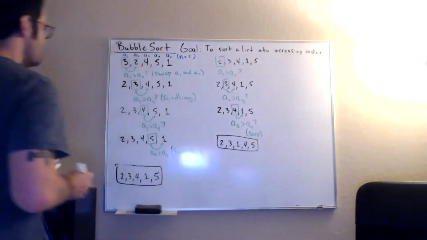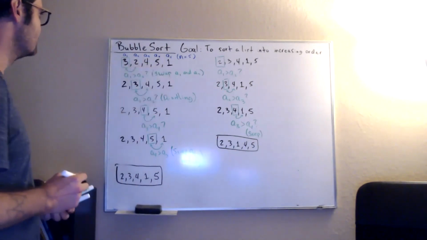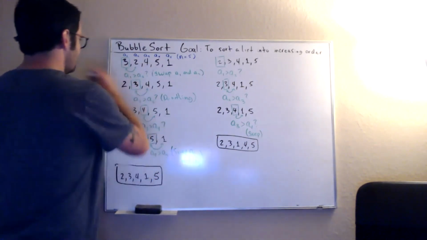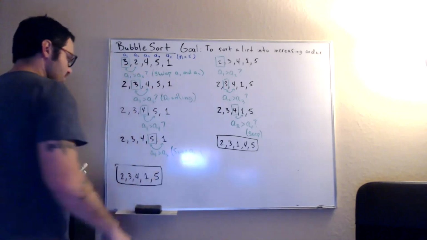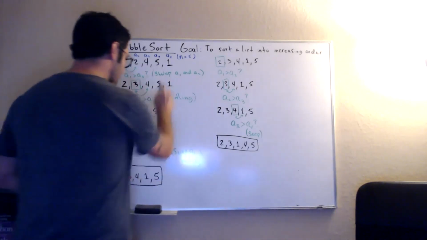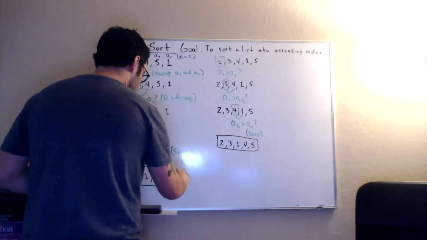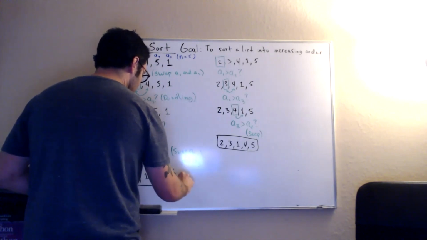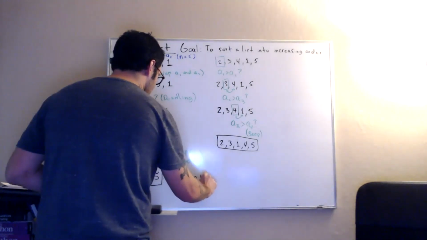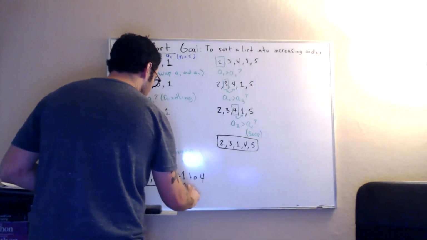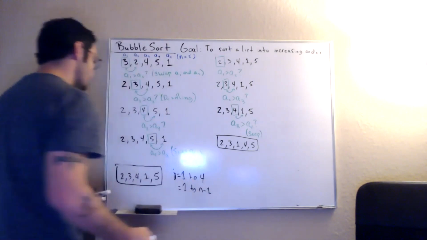Okay? So in terms of the number of elements in the list, it looks like we went from A1 to A4. So in this first pass here, we picked an index. So again, we went from 1 to 4, which is the same thing as saying 1 to n minus 1.